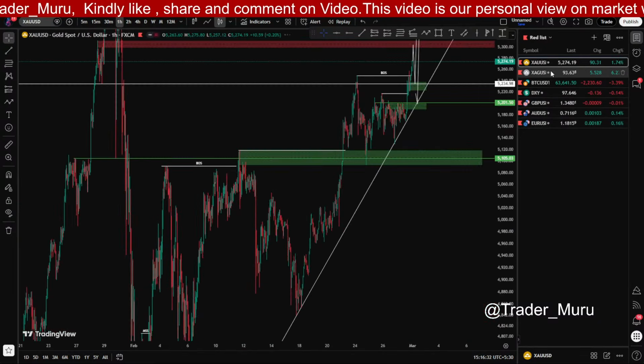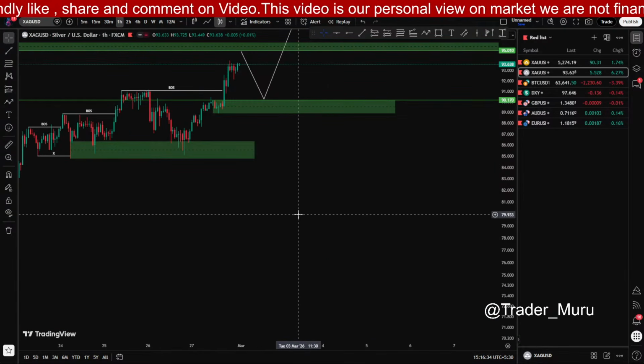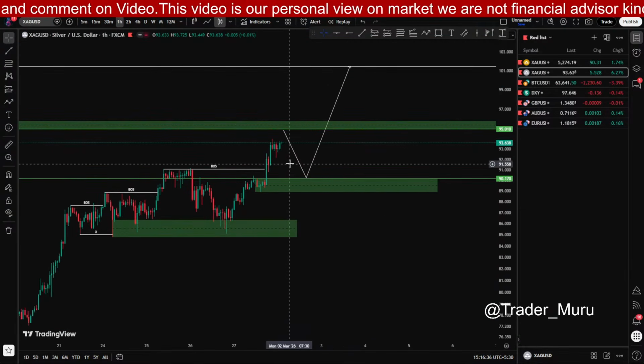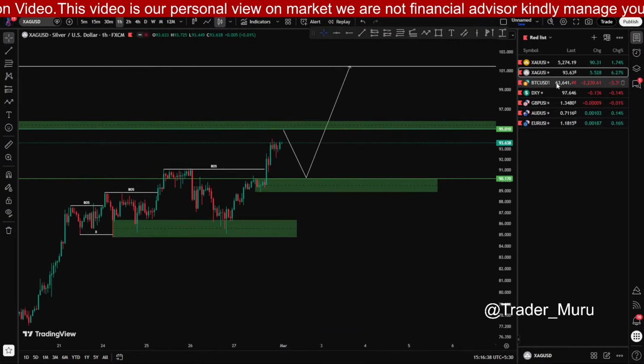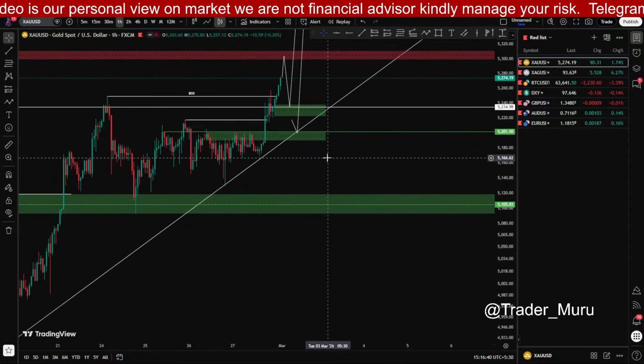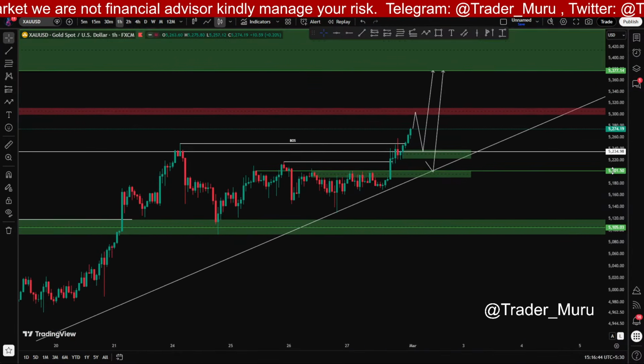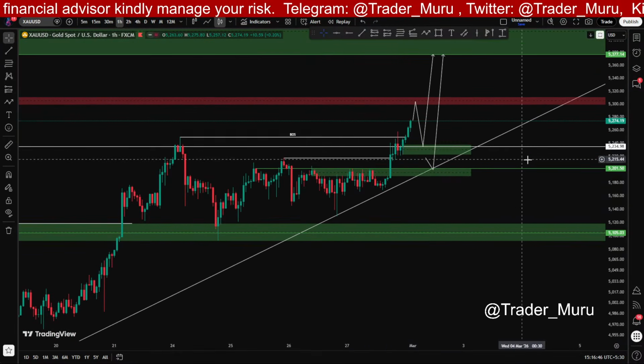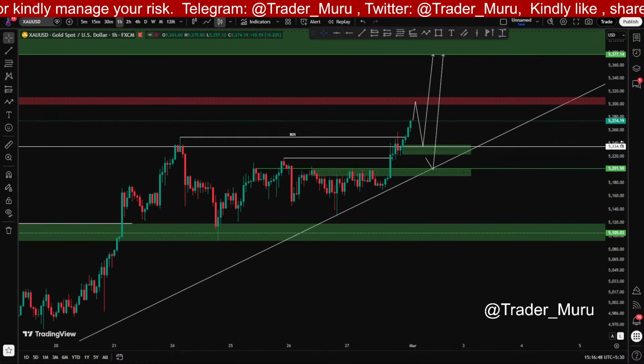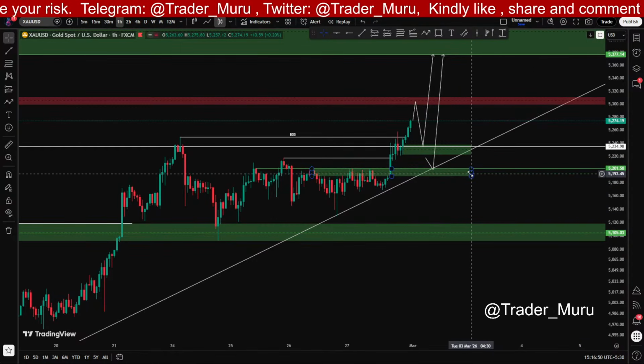and gold and silver are still bullish, and we are not expecting a major drop before any significant structure change. I will be watching for long from here around 5234 to 5235 or 5200.